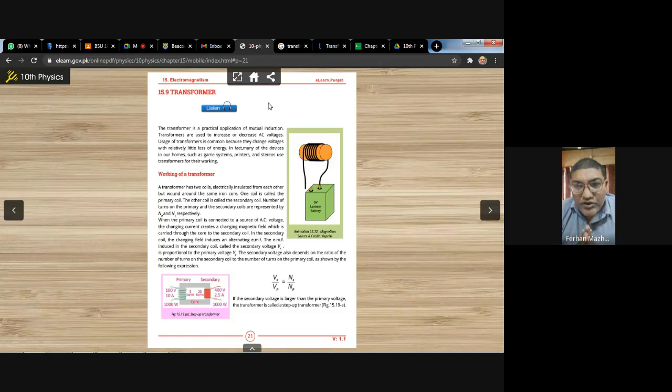So Vs by Vp is equal to Ns by Np. Very, very important equation. You will remember this.